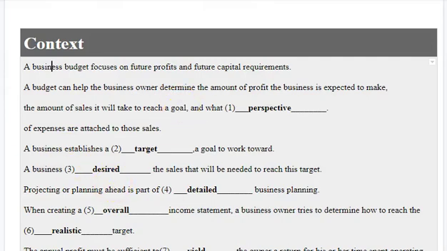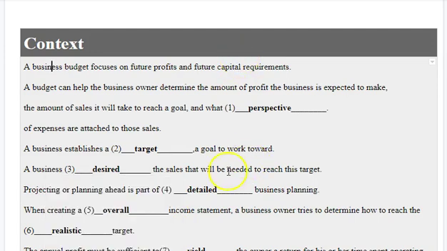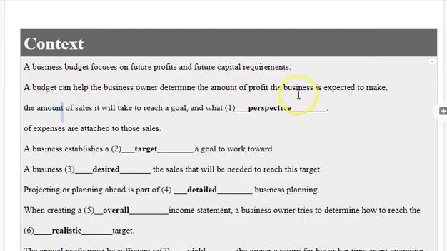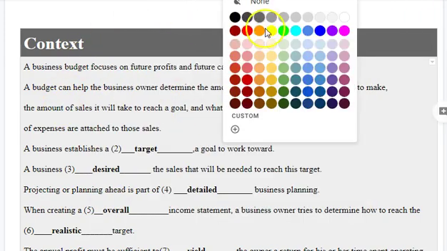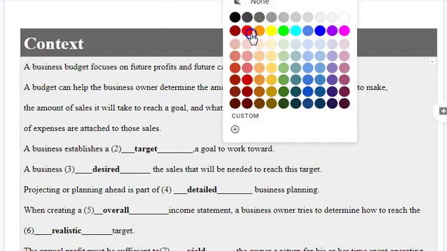So let us check, Abel. So kindly read with your answer. A business budget focuses on future profits and future capital requirements.